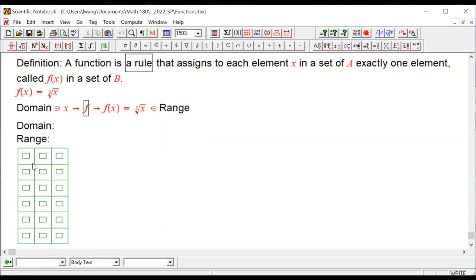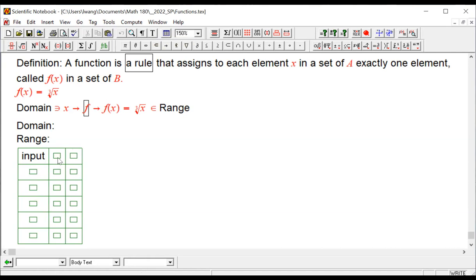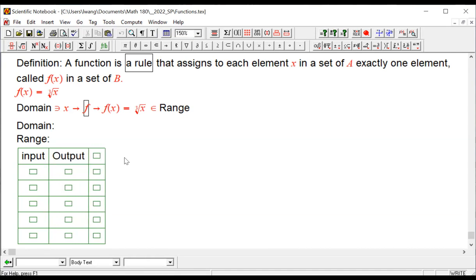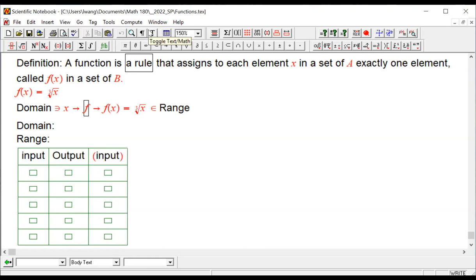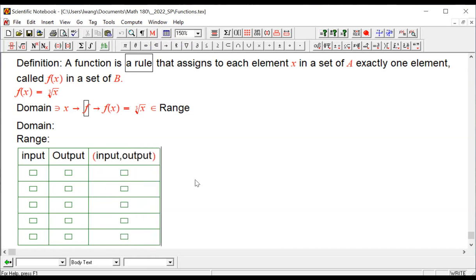Please do this along with me. Input, output, and input, output in ordered pair. And then we're going to make the picture, the graph.